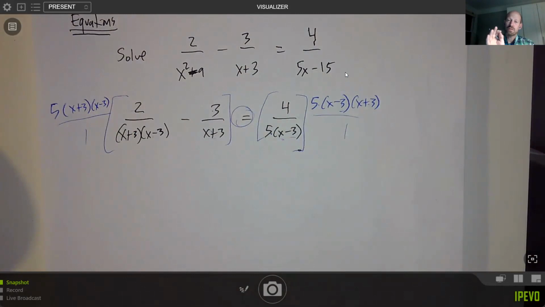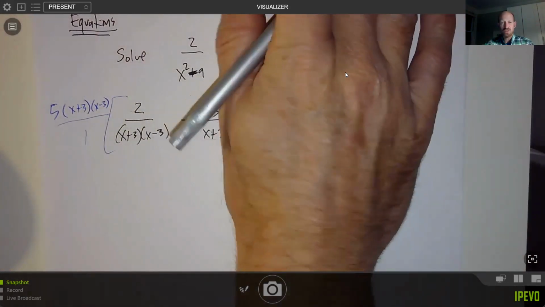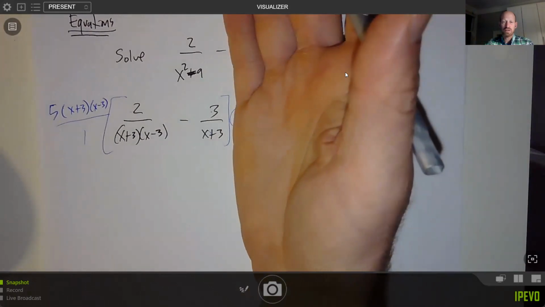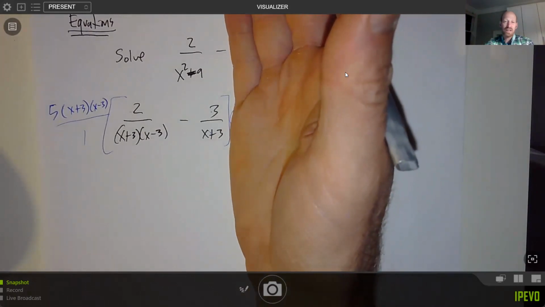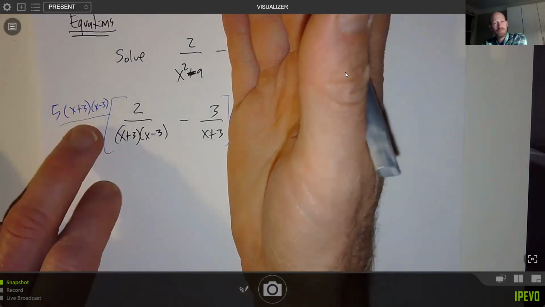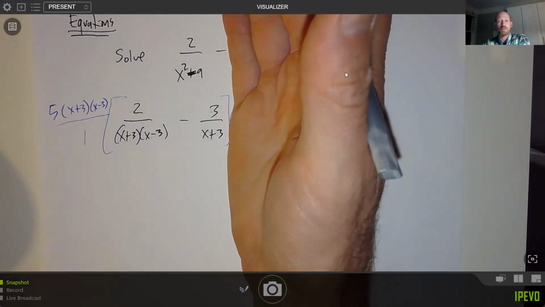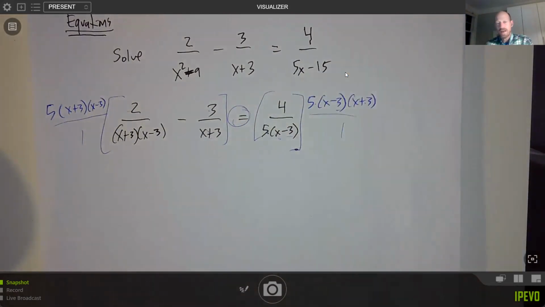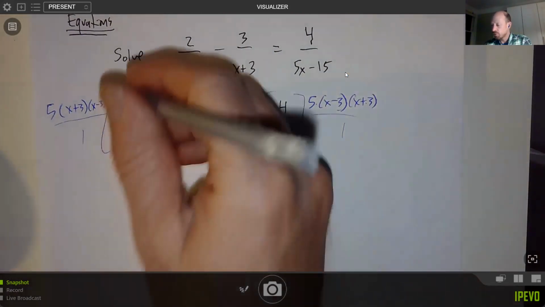We have different techniques and different abilities because it's an equation. If it's just this addition or subtraction problem on the left side, then I can't just multiply the top. I have to do the same thing to the top and the bottom, and it becomes a very different problem. But when I have an equation, I can multiply everything through.